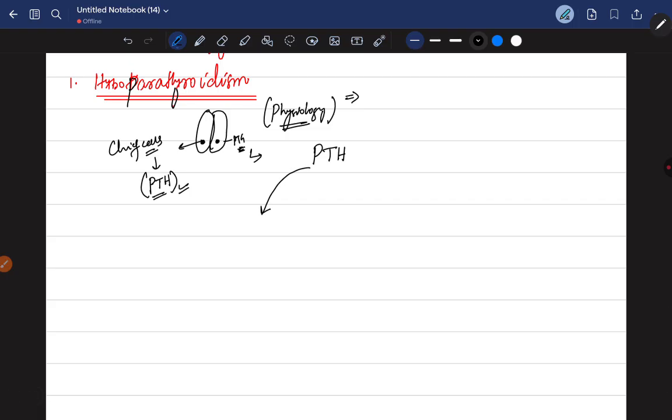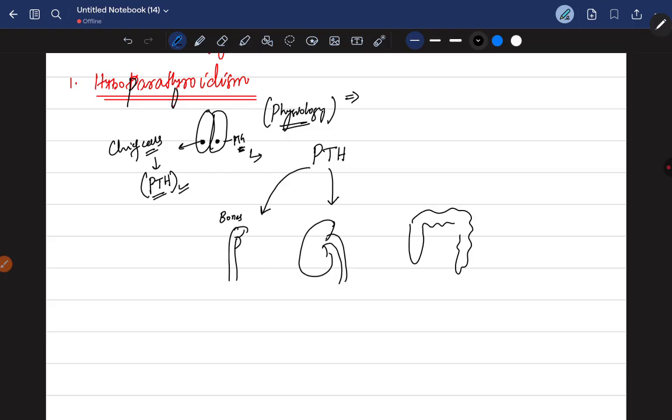First of all, it will act on the bones. Secondly, it will act on the kidney, and indirectly it acts on the gut.